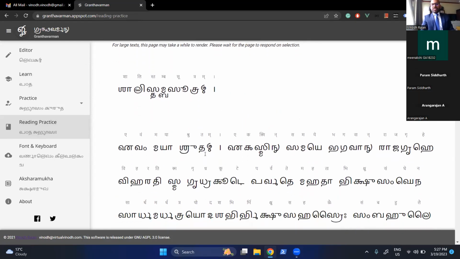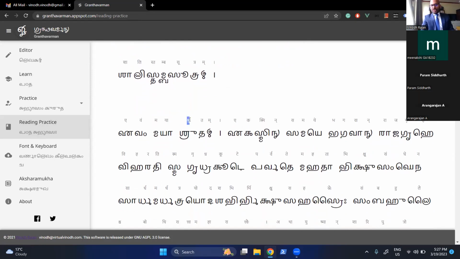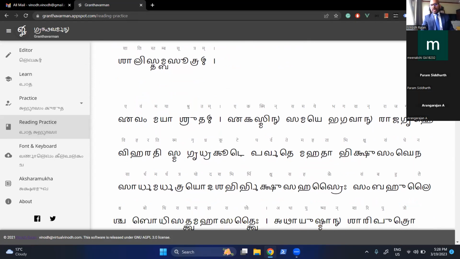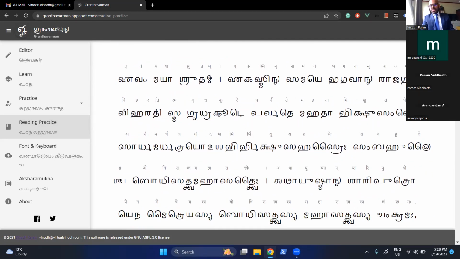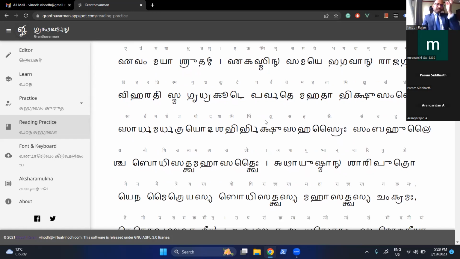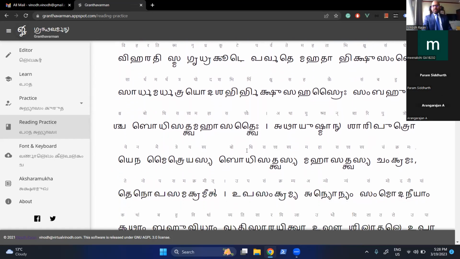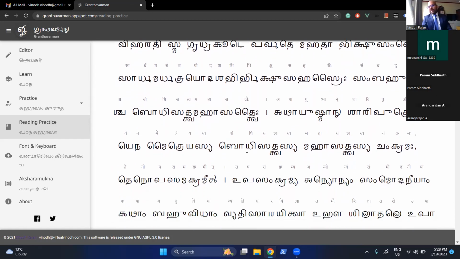You can pick up the individual letters, what they mean, and also the samyuktaksharas. The thing is, as long as you understand the script grammar, you can sort of pick things up.